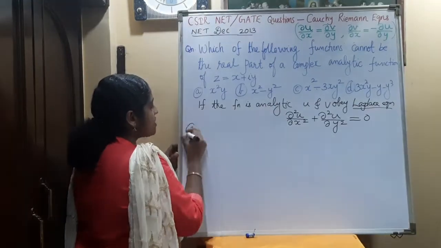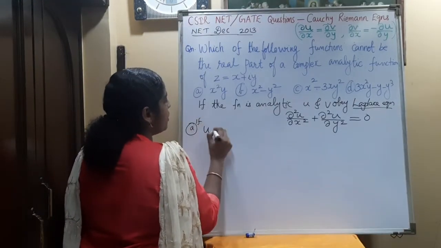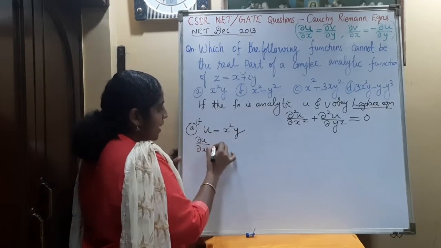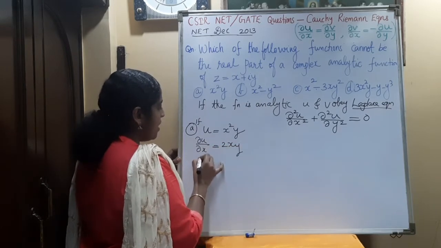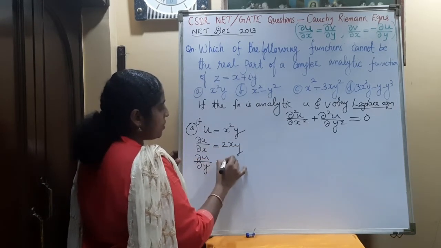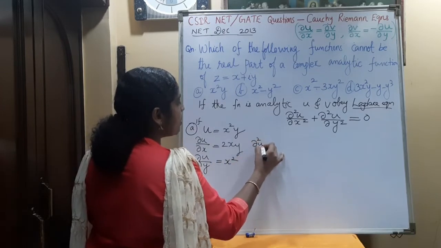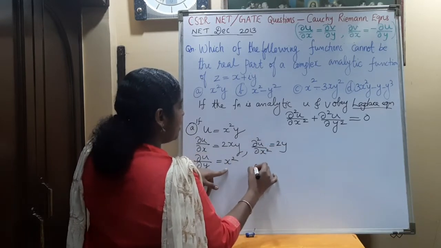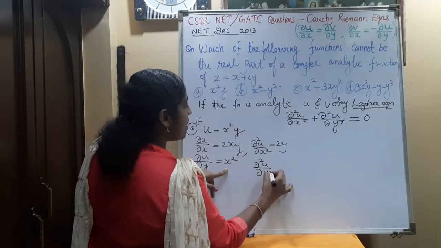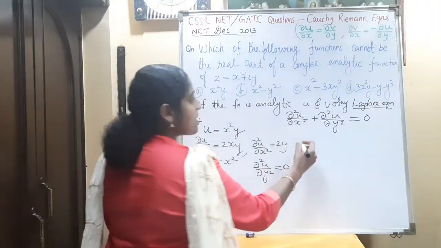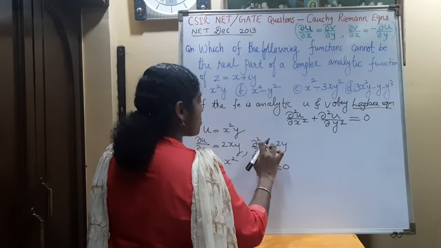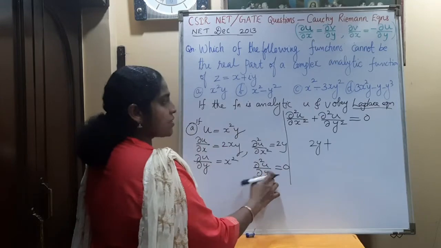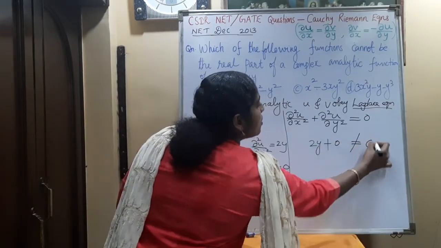So take the first function. If U is equal to X square Y, what will be ∂U/∂X? ∂U/∂X is equal to 2XY, and ∂U/∂Y is equal to X square. Then ∂²U/∂X² will be 2Y, and ∂²U/∂Y² is equal to 0. So if we substitute in this expression, ∂²U/∂X² is 2Y plus ∂²U/∂Y² which is 0, it is not equal to 0.